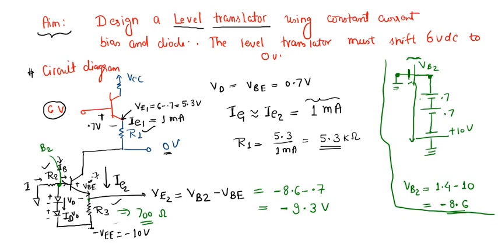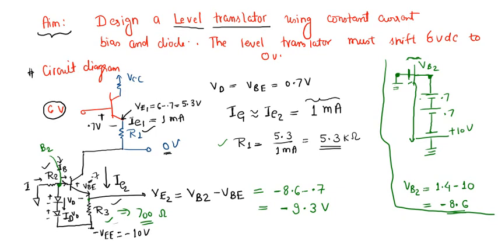Now, how should we choose the value of R2? We have found the value of R1 and R3. How should we choose the value of R2? Here few students make mistakes that they write IC is equal to beta times IE, and they assume that there is some value of beta, but they forget that IC is not equal to beta IB.